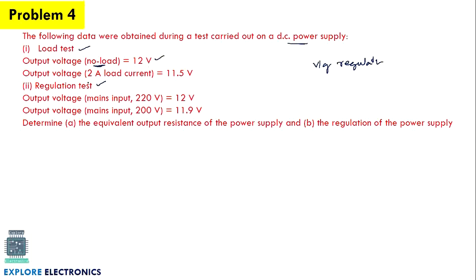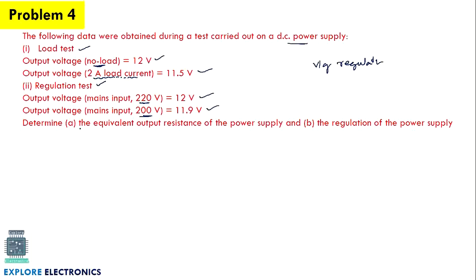Output voltage with 2 ampere of load current flowing through, that is with load, is 11.5 volts. At the regulation test, they are connecting the mains at 220 volts and we are getting 12 volts as the output voltage. When they are connecting 200 volts as input, we are getting 11.9 volts.